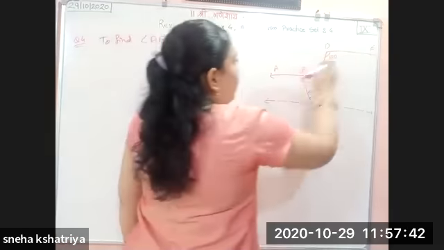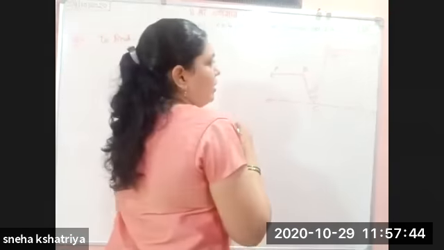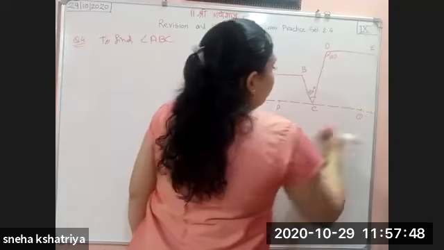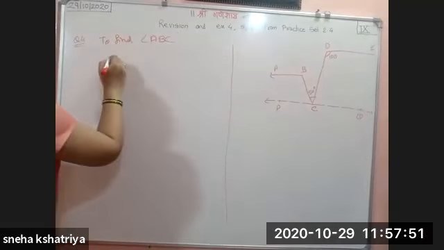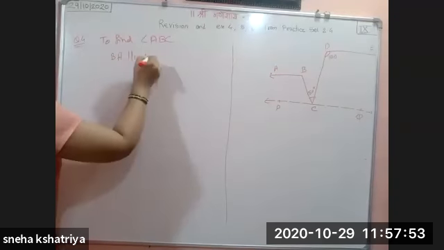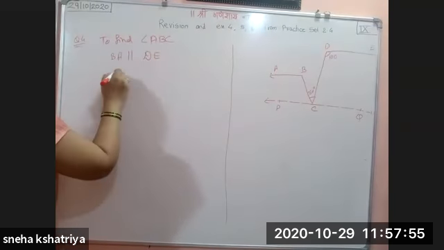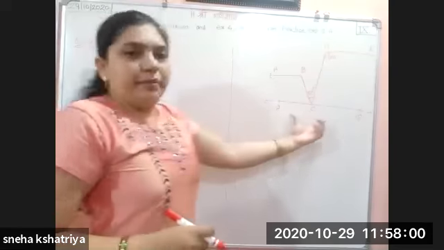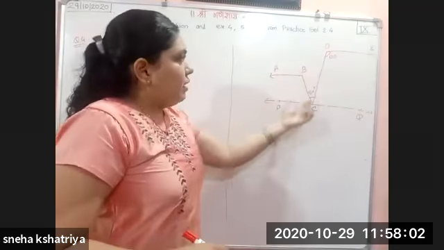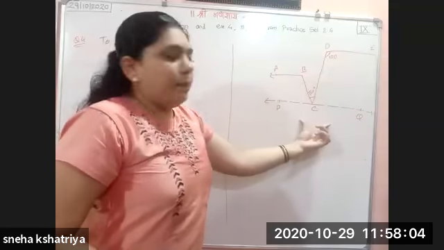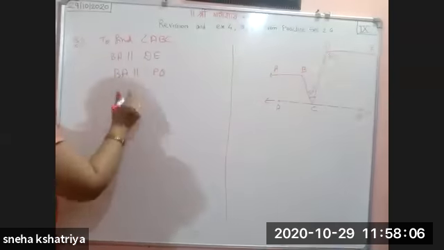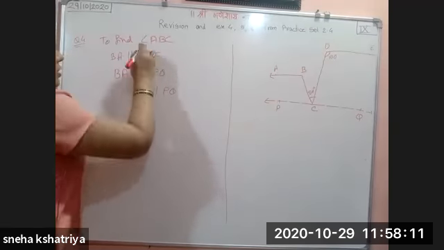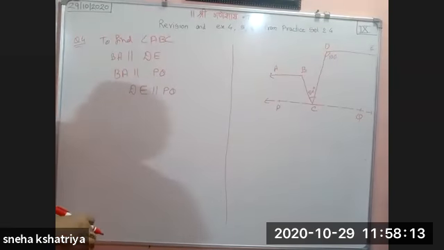Now see here, if we consider P and Q, BA is parallel to DE, and BA is parallel to PQ, as given in the hint. Then DE will become parallel to PQ. All the three lines become parallel to each other.